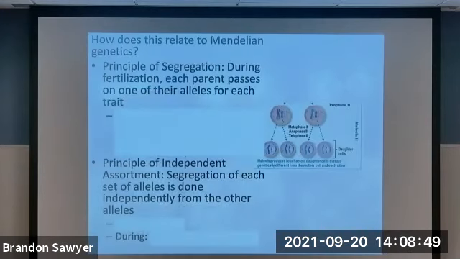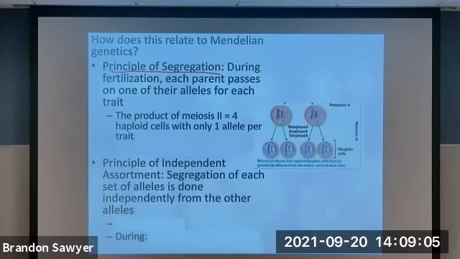Okay, so how does all of this relate to what we talked about in simple Mendelian genetics? One of those principles was the principle of segregation. During fertilization, each parent passes on just one of the alleles for each trait. The product of meiosis 2 is these 4 haploid cells, and they each only have one allele per trait, whereas somatic cells have 2 alleles per trait.